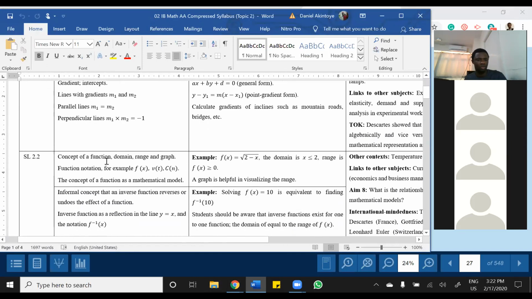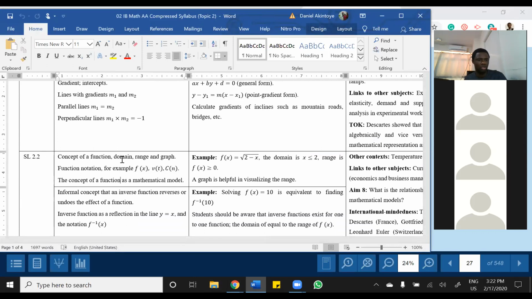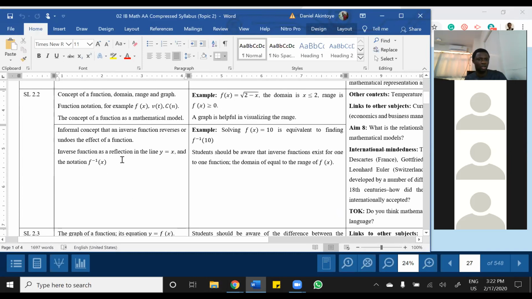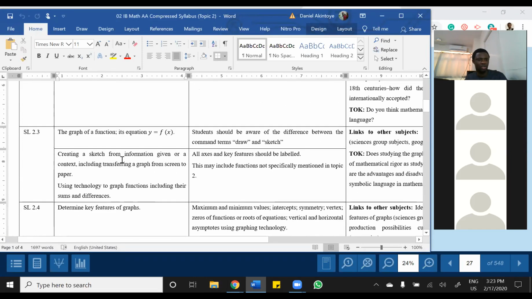After that, we look at concept of function. We spend time on this, particularly because of terminologies like domain and things like that. Then we look at the concept of functional mathematical model. So we're moving forward bit by bit. I don't think we have too many things that will slow us down here. Some of these are easy stuff.